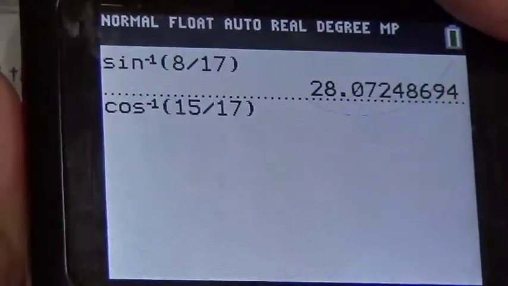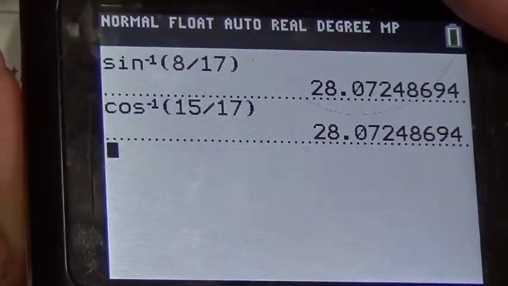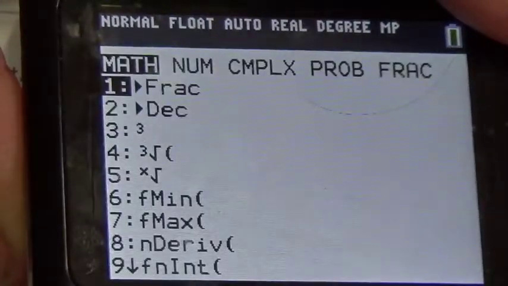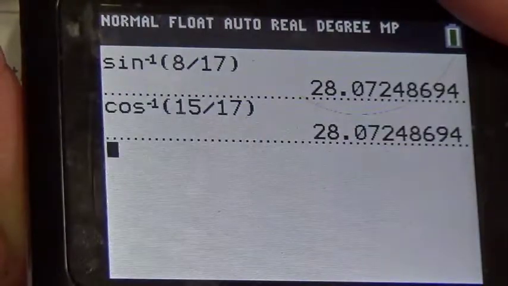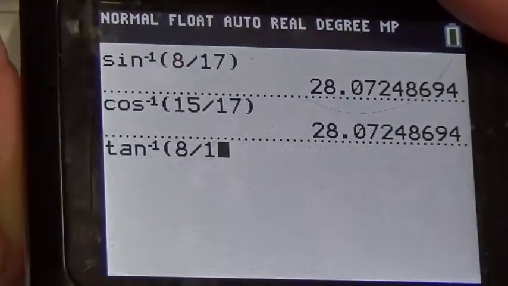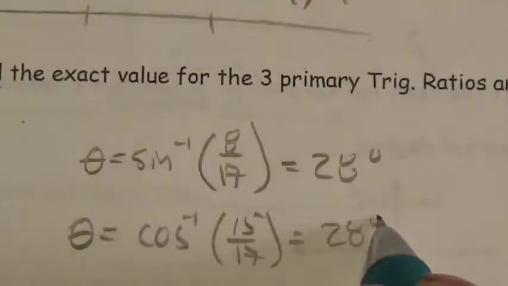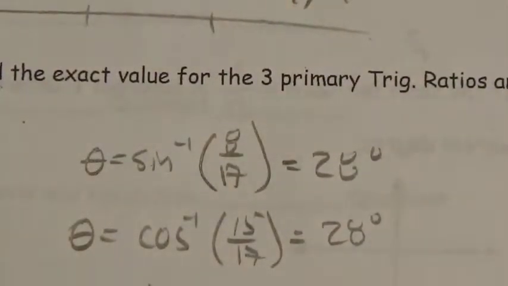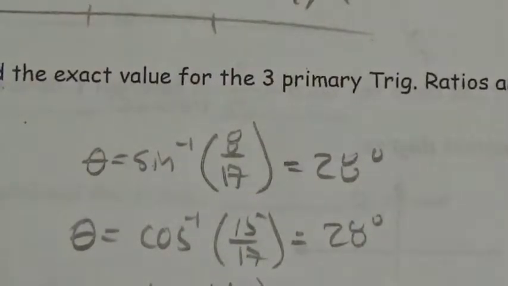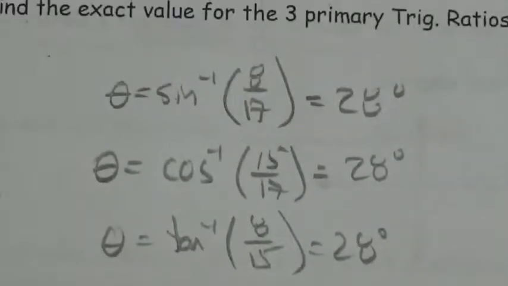Whoops, sorry for the reflection there. Press enter, boom, 28. And if I do this with tangent as well, oh sorry, second tangent, and 8 divided by 15. This should also get me the exact same angle, and it does. In all cases here, we're getting approximately 28 degrees. So it doesn't matter which one of those I choose, I'm going to get 28 degrees as my answer.